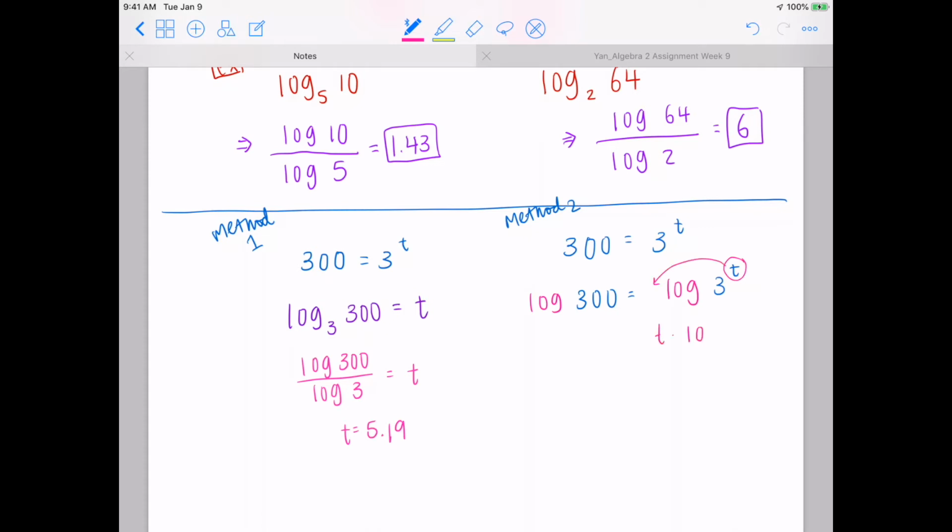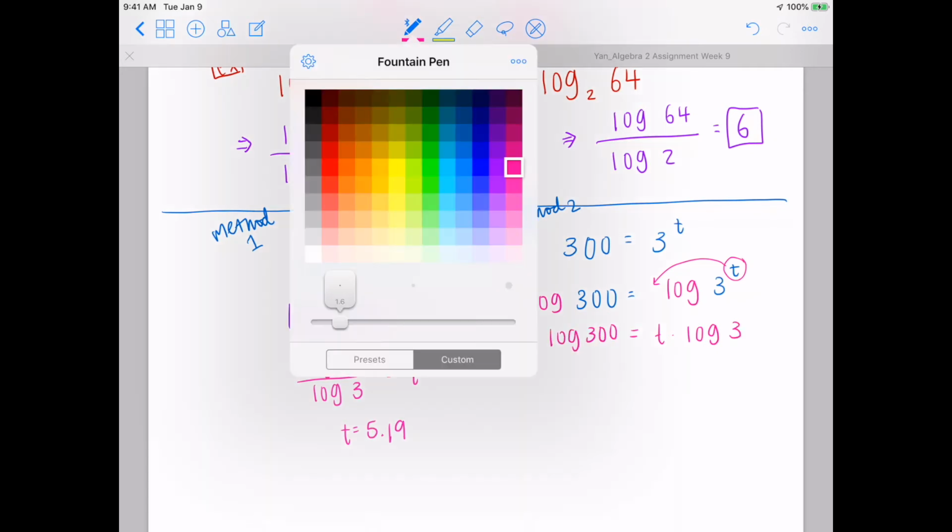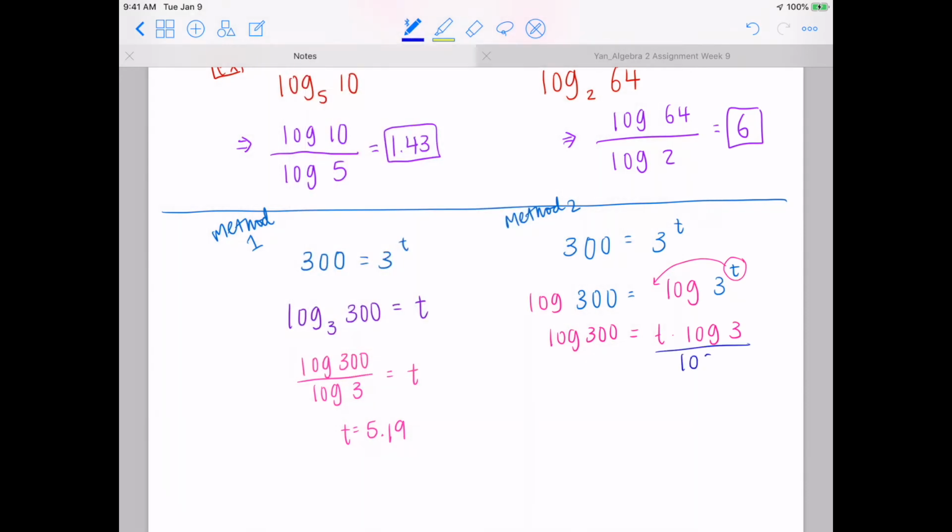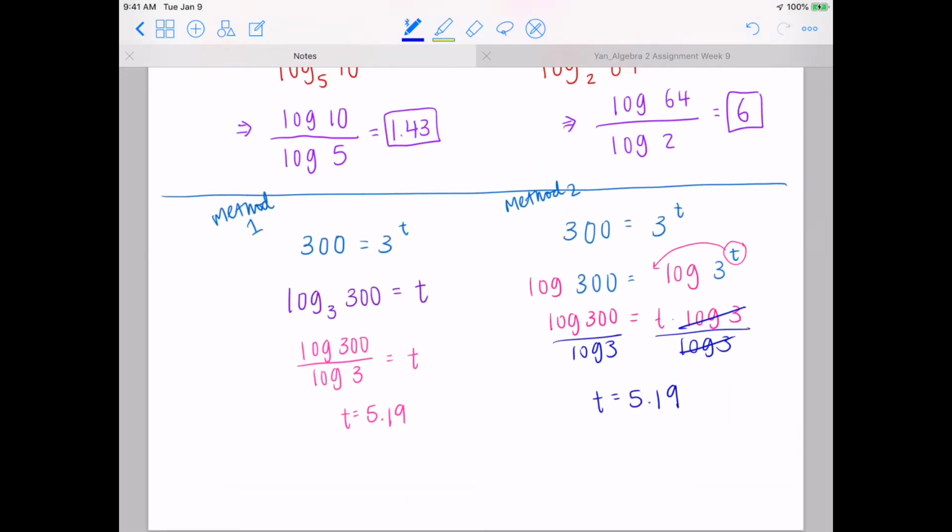So it'll be t times log 3 equals log 300. Then we divide both sides by log 3 and cancel that out. t would equal that. Put it in the calculator and you're still going to get 5.19. Okay, so two different methods.